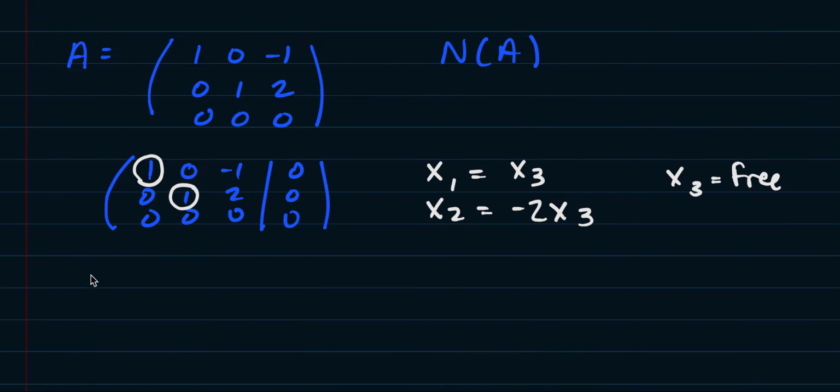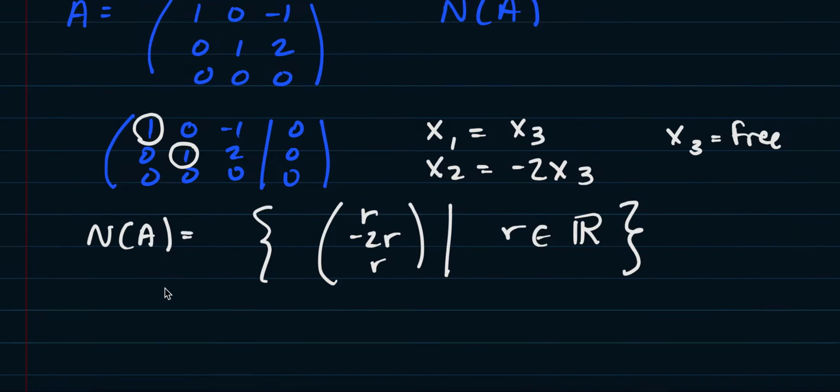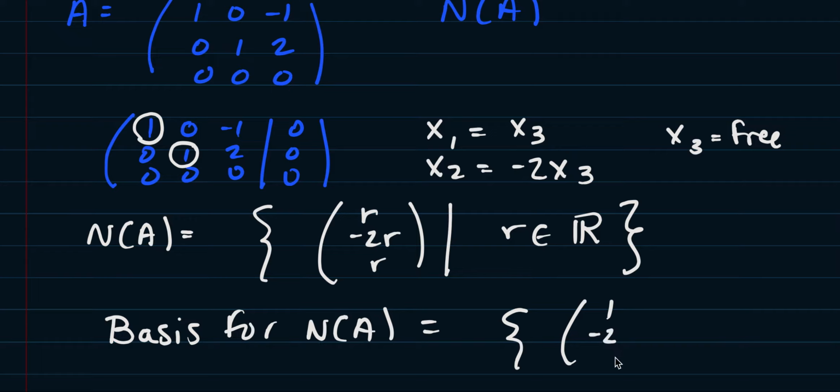So the null space is a set of vectors that look like r, negative 2r, r, where r is a real number. And a basis for the null space is just the vector 1, negative 2, 1.